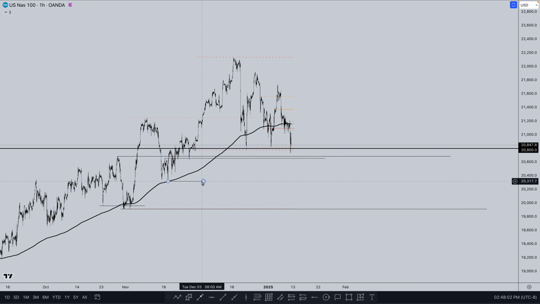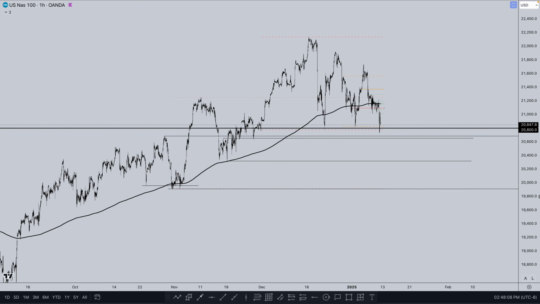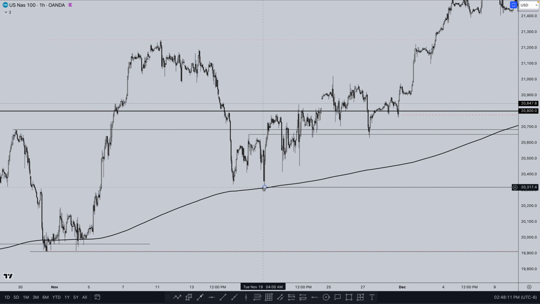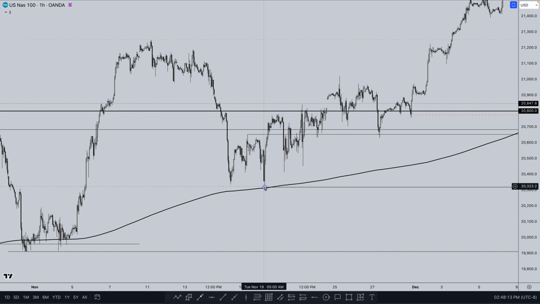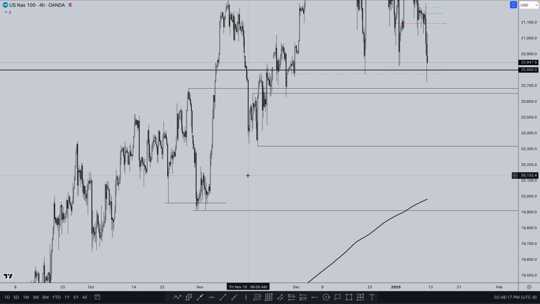Boom. Yeah, this whole area is liquidity as well. This is going to be the lowest part though. The lowest part of the liquidity is here, which is this wick here.